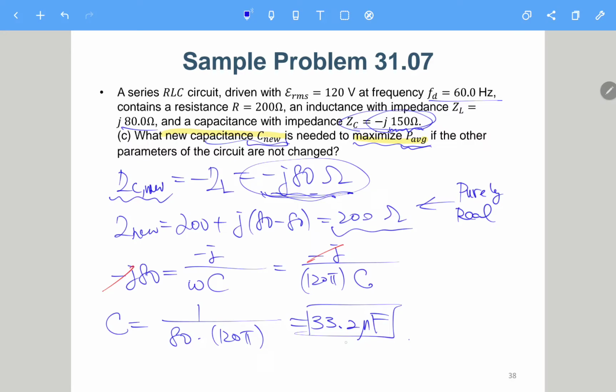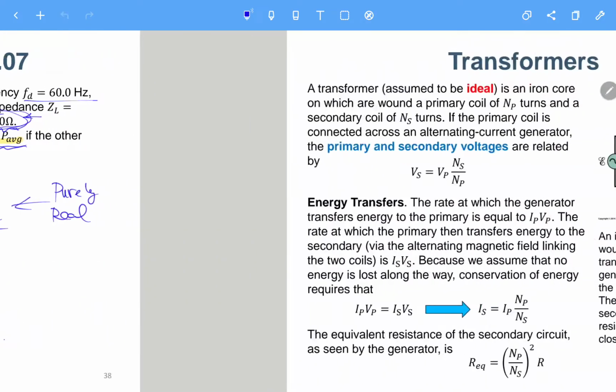The original C should be smaller than this one, because if you take the absolute value of Z, this number is larger than this one, which means that the original C is smaller.